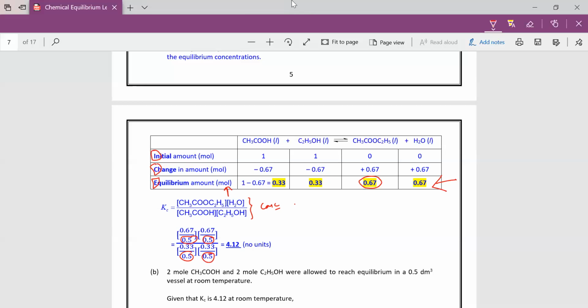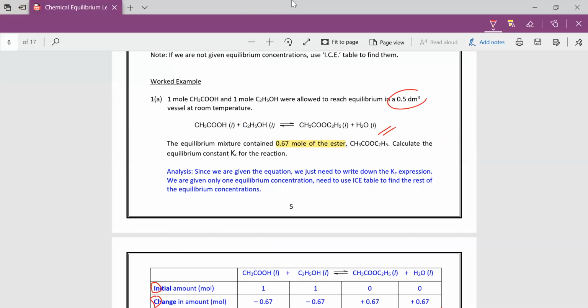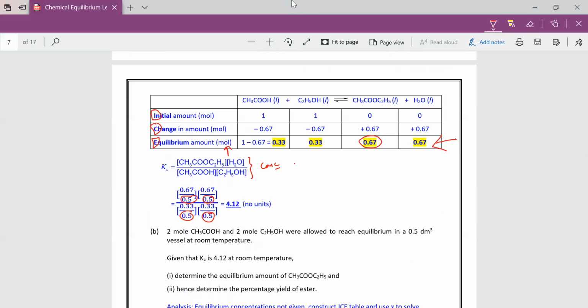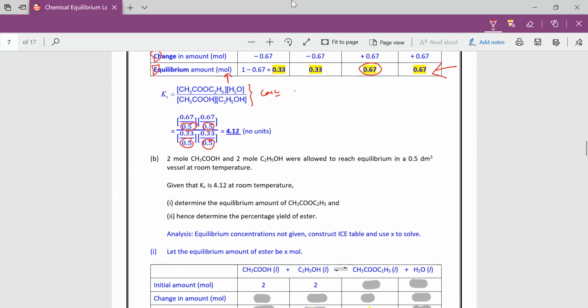Where did we get this volume from? Here. Always remember this step. Even though the volume will cancel out, we try to put it in. But for you guys, I think this is a moot point because you're not going to show your working in MCQs.